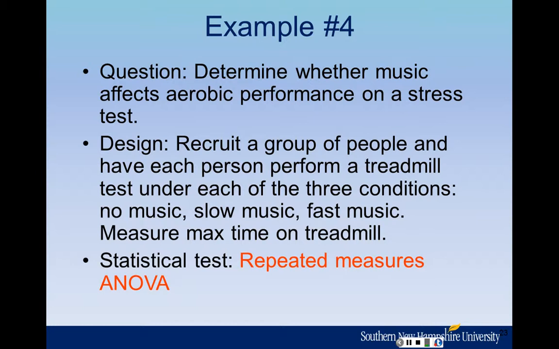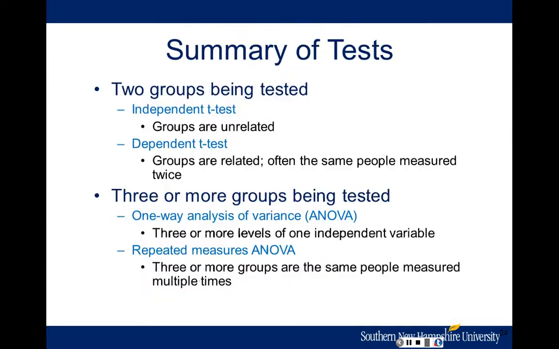So those are 4 examples just showing you the 4 different tests that we're going to talk about in this class. 2 of them were t-tests, independent and dependent, and 2 were analysis of variances, also independent and dependent. So here they are in summary. When you compare 2 groups or 2 means, the mean from each of 2 groups, you're going to do a t-test.